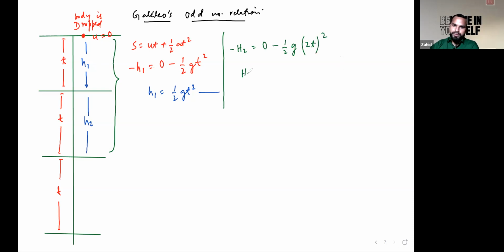So it will be H2 equals half g times square of 2t, which is 4 times t squared. But you have to calculate h2, so this will be equal to H2 minus h1. If you subtract these two terms, you will get 3 times half gt squared. Is it clear?